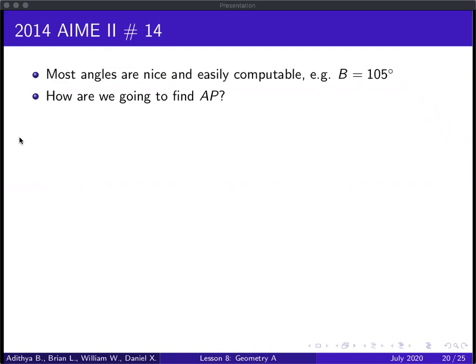It might be helpful to look at the diagram again. Just like, how does AP tie in with the other lengths in the diagram?